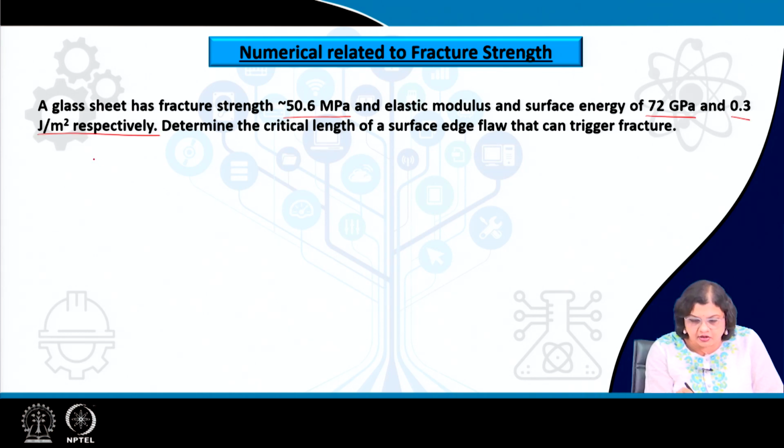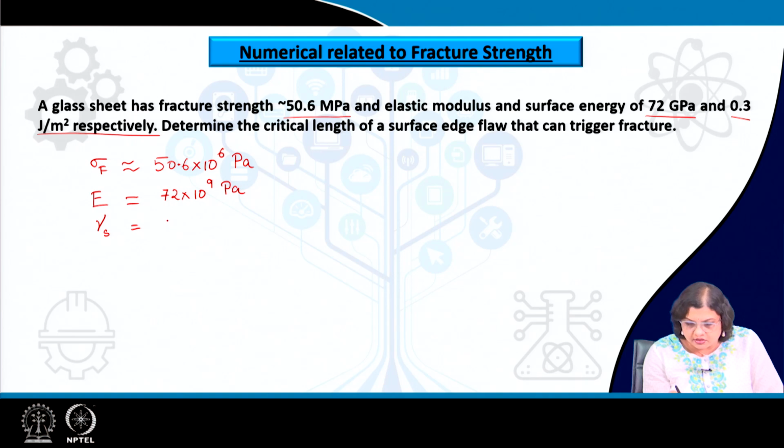So, that makes our sigma f as 50.6 into 10 to the power of 6 Pascal, and elastic modulus of 72 into 10 to the power of 9 Pascal, whereas the surface energy is 0.3 Pascal meter.